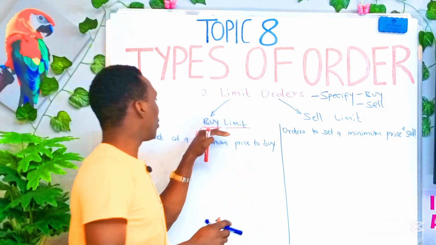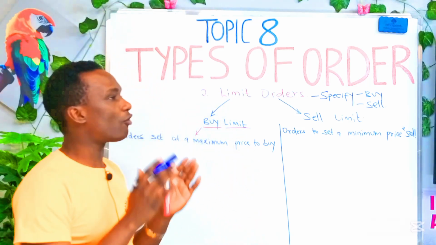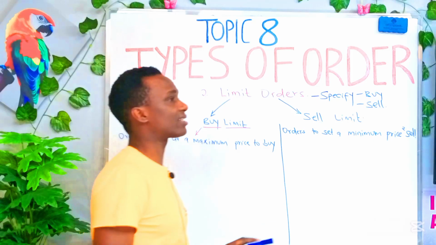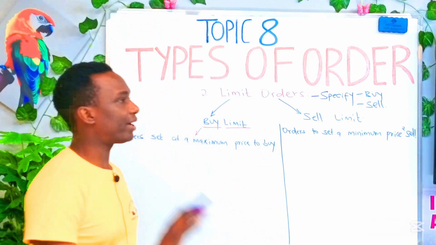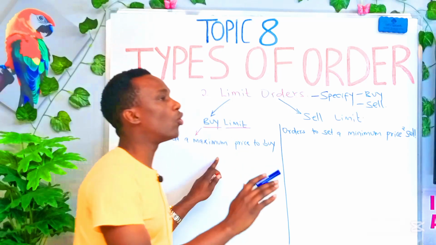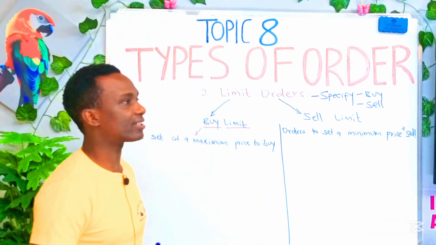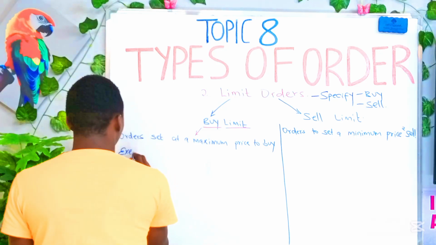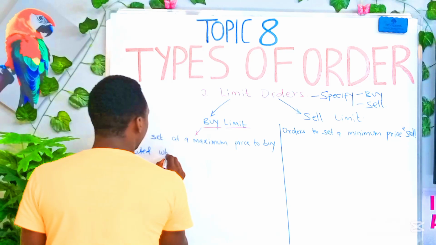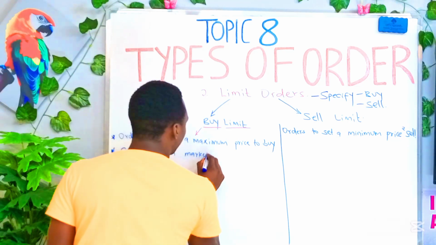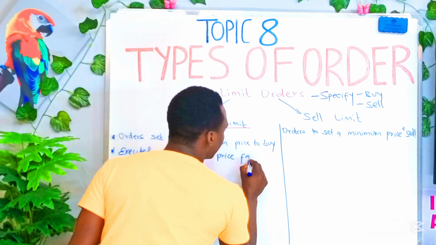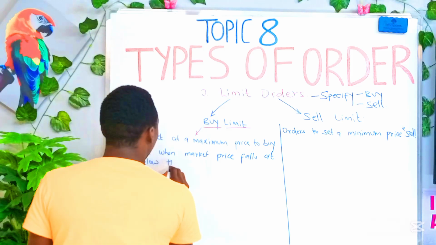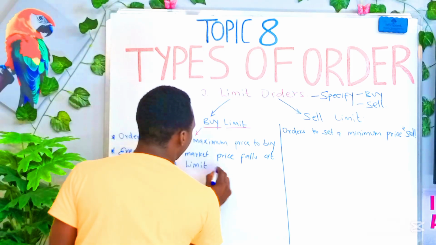So when it comes to buy limit, these types of orders are executed if the market price falls to or below the limit price.